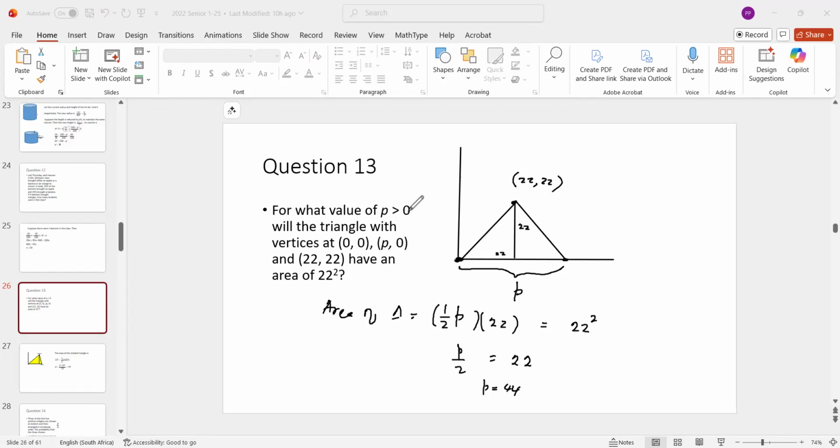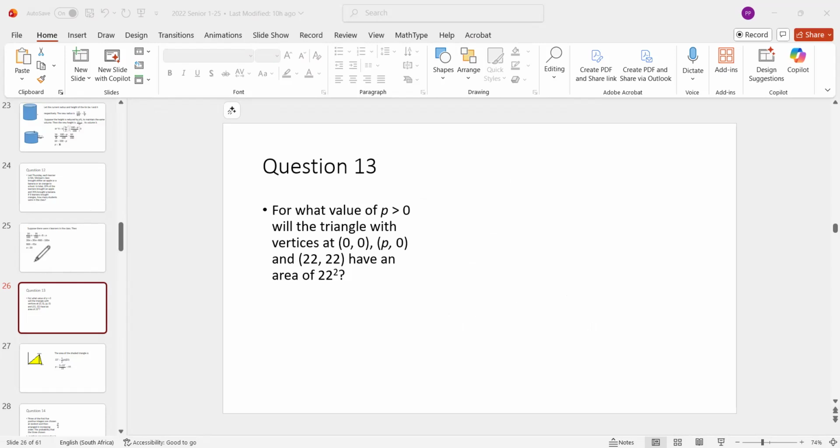They have to say P greater than 0 because you could have drawn it on the other side. Even there, it'll be half base times height, but in that case, P would have been negative. So there are two possibilities for this. But I think 99% of the students would have done it like this. But just to be on the correct side, they have to say that P is positive. Okay, so my answer is 44.